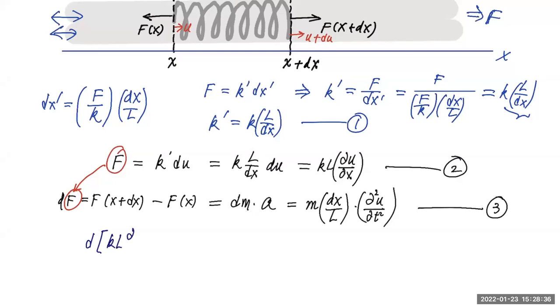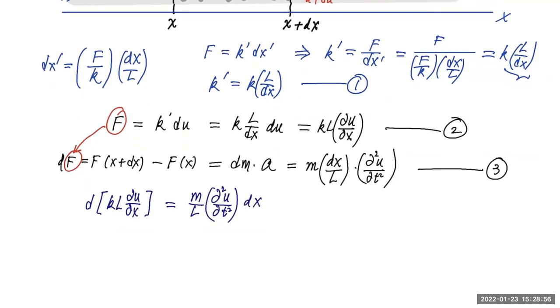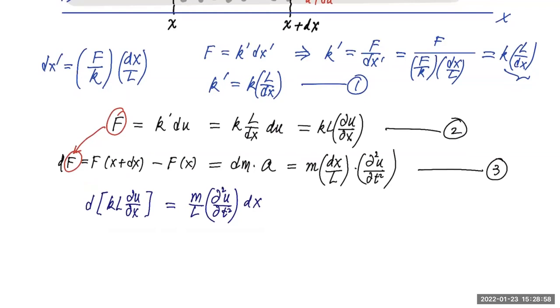kL partial u partial x, right? That is F, isn't it? From equation number 2. And that equals m over L times the second derivative of u with respect to t, and then you have dx. All right, now we just have to clean things up a little bit.